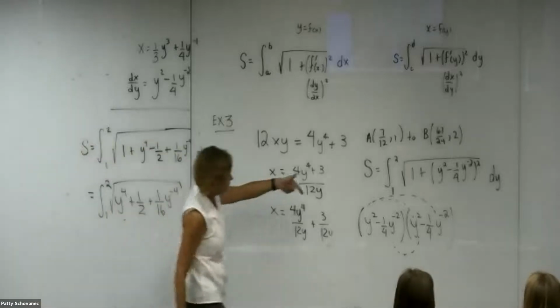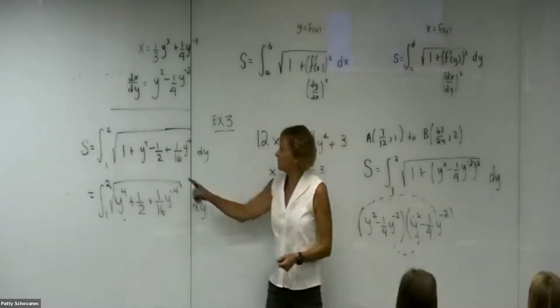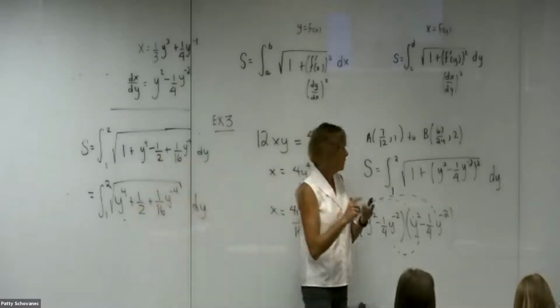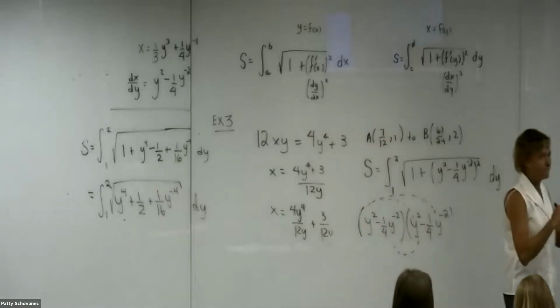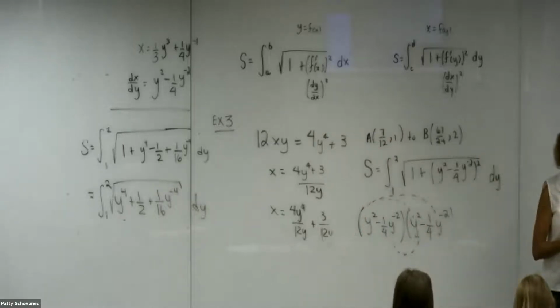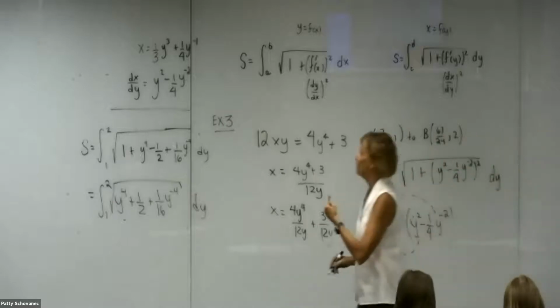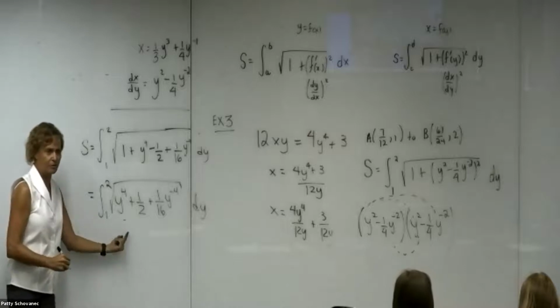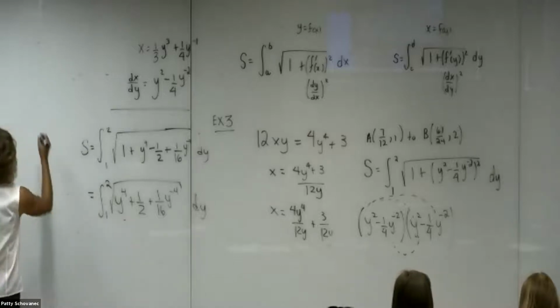If I change this to a plus sign, I should get a plus 1/2 in the middle here. So this should factor as y squared plus 1/4 y to the negative 2, all squared. You're warned by somebody older and wiser than you that this should be a perfect square, and it is.